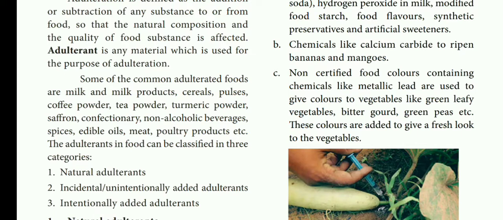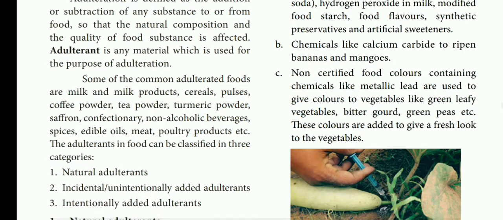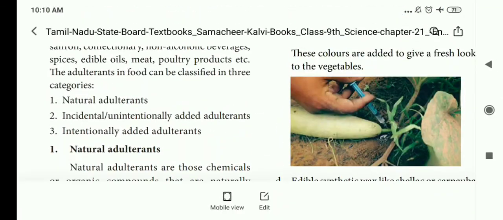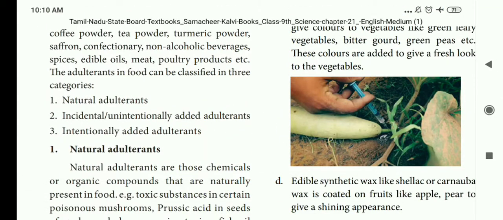So in meat and poultry products, they can mix with other meats. Instead of goat, they could mix beef with that, and in poultry products, instead of turkey or chicken, they may include broilers, also ducks.